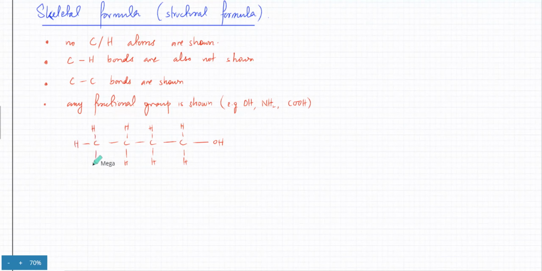I said there's actually one thing wrong. It's not fully displayed. Can anyone tell me why this is not fully displayed? The OH can be ended. Remember this because if the examiner is asking for a fully displayed formula, you have to show every bond, even the OH bond has to be shown.